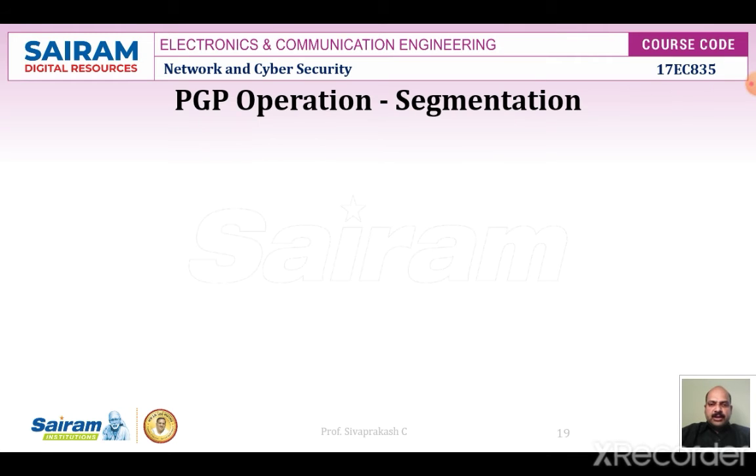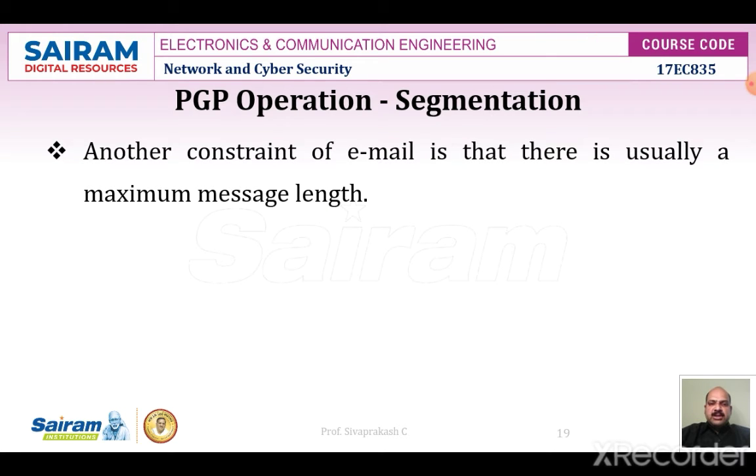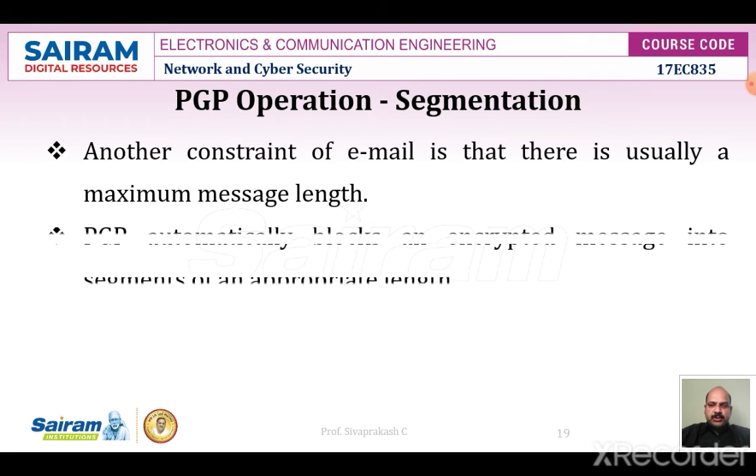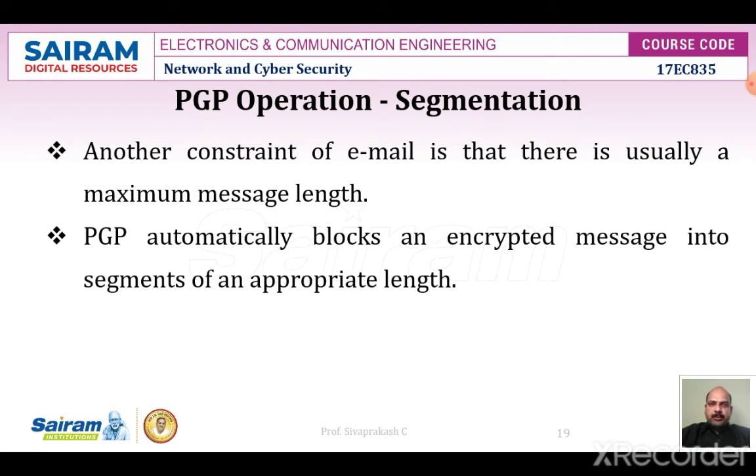The fifth PGP service is called segmentation. As we are aware, segmentation is nothing but fragmentation. Another constraint of email is that the maximum message length is fixed. In such cases, PGP automatically divides the message into segments and encrypts the messages segment by segment, and an appropriate length is fixed by PGP itself.